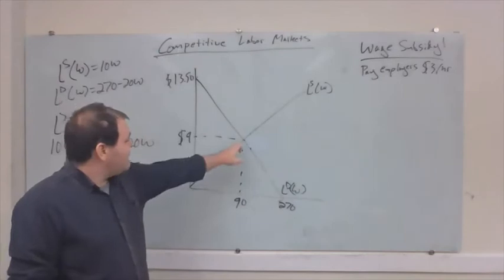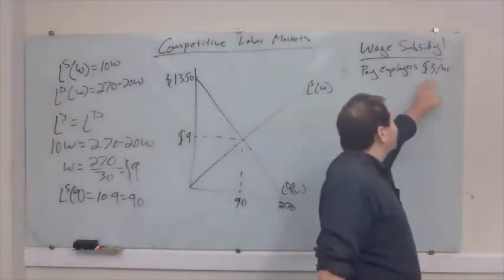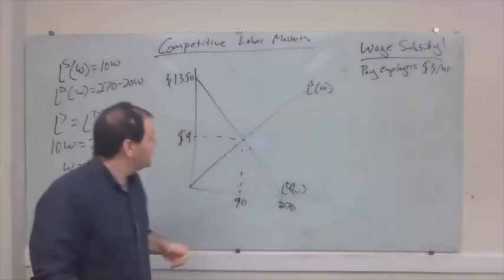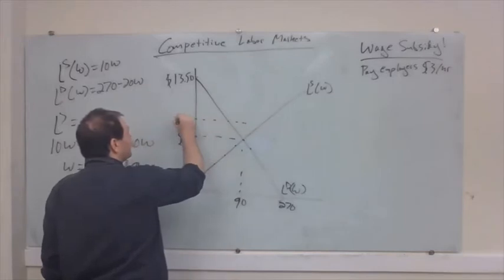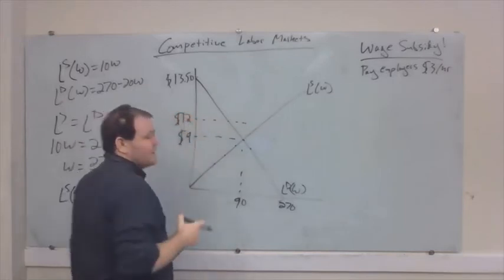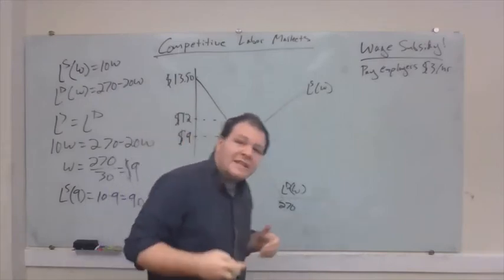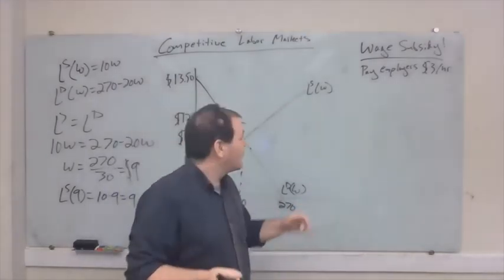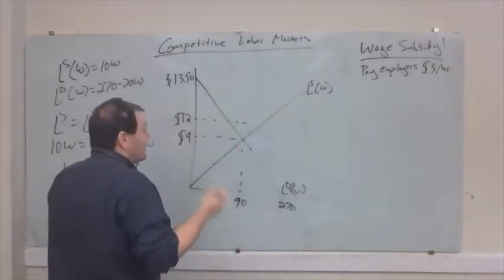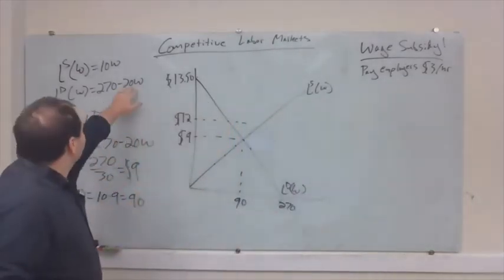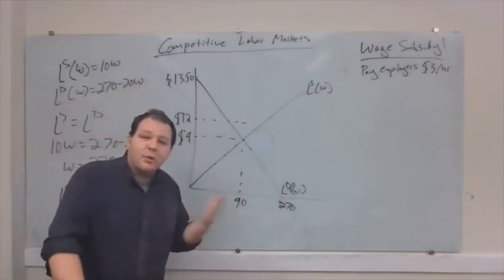So if that worker is producing $9 worth of stuff, and we're getting $3 an hour from the government as an employer, we'd be willing to pay that person up to $12 an hour to work for us, right? Because on top of the stuff they're actually producing for us, we're getting from the government an additional $3 an hour of incentive. In other words, another way to think about this is that the wage I actually have to pay my workers is no longer W, it's W minus the portion the government's going to pay, right?